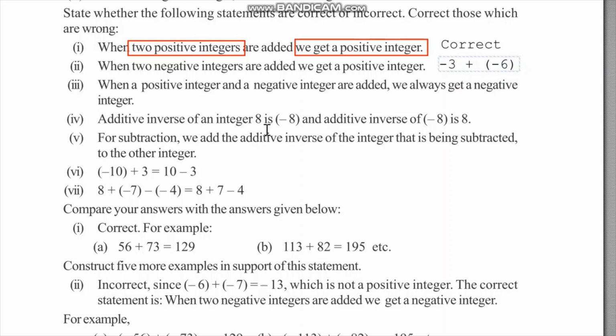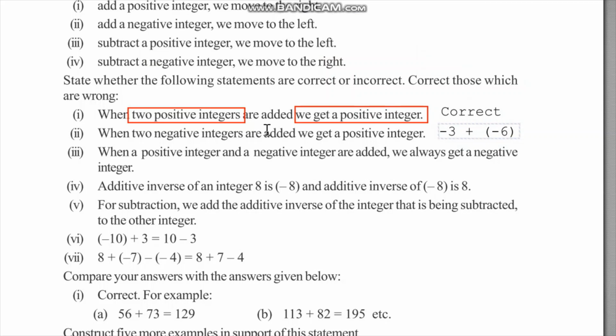So from our previous understanding, we have just learned that when we add a negative integer, we move to the left. Okay, so -6 here is a negative integer, and when we add it, we need to move to the left. That is, it is as good as saying this is equal to -3 minus 6. So the answer for this would be -9.